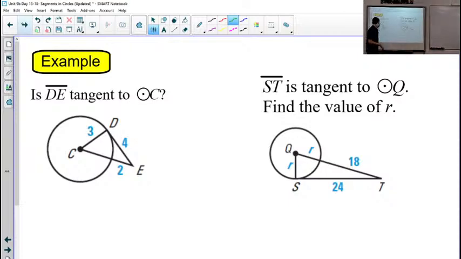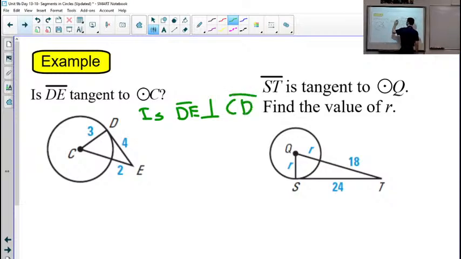So my radius here is C to D. So in other words, I want D to E to be perpendicular. So what I'm really asking here is: is DE perpendicular to CD?